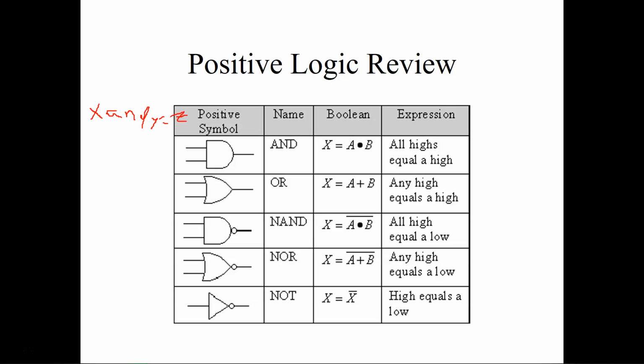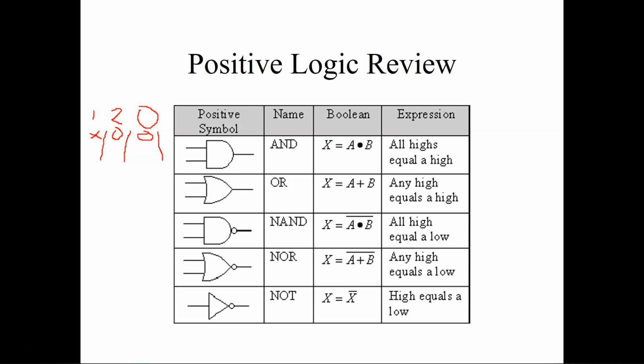Okay, so if you remember the truth tables, for this guy, on a truth table, if I have one here, nothing here, this guy has nothing.